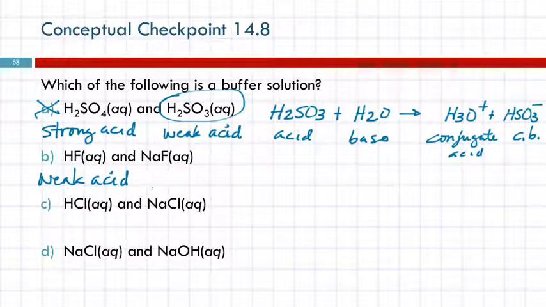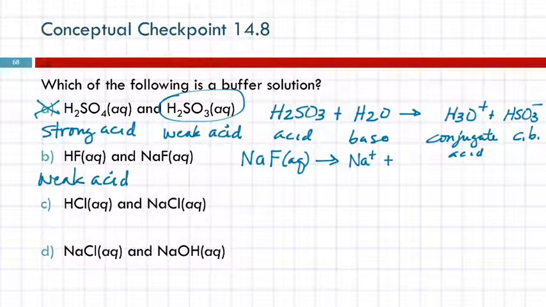Is this the conjugate base of the weak acid? Well, let's think about it. It doesn't look like it, does it? Oh, no, it is. It is. Sodium fluoride aqueous. That's a soluble ionic compound. That's sodium ion and fluoride ion.